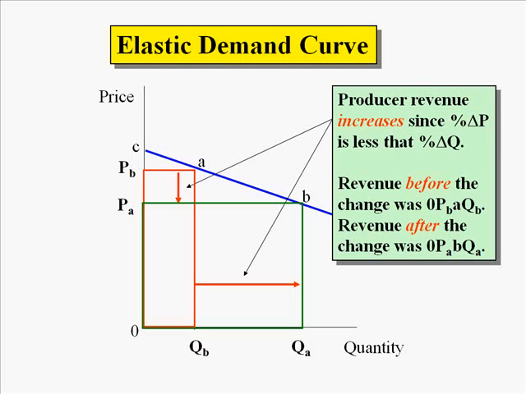We calculate revenue by taking price times quantity, so you're calculating an area. The red box would be our original revenue, and the green box would be the revenue after the price change. And you can see here that it's bigger, which signifies that we would be making more money.